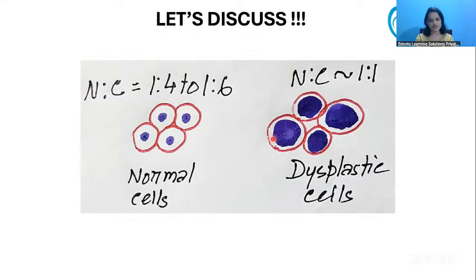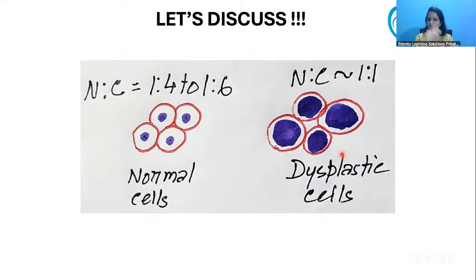That is, the nucleus will be as big as the cell itself. Okay, because lots of proliferation and lots of cell division is happening. So the nucleus will be really hyperchromatic and increased in size also. So the nuclear cytoplasmic ratio will mostly be 1:1 in case of dysplastic cells.